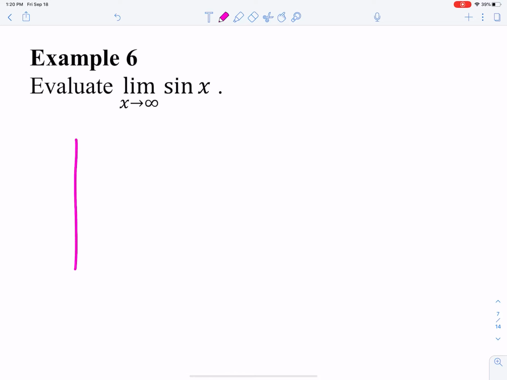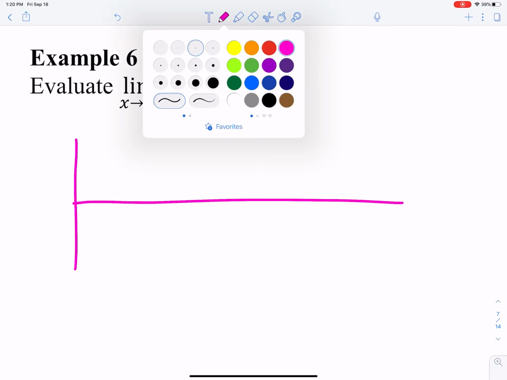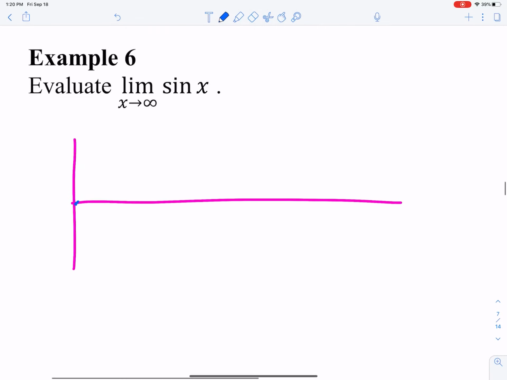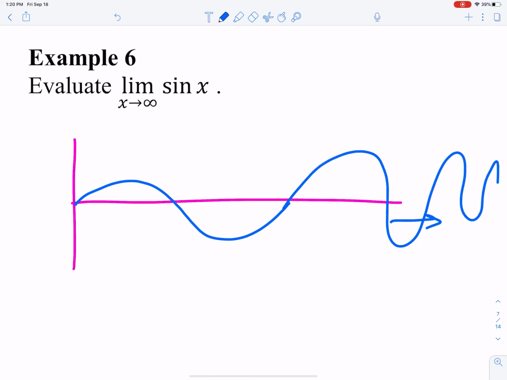Work smarter, not harder. There's a graph. There's a sine wave. As x approaches infinity, what happens to this sine wave? I know it's not to scale, but it keeps oscillating forever. So this limit does not exist.